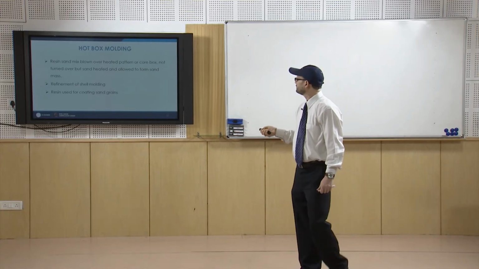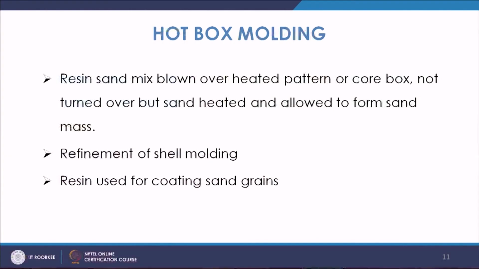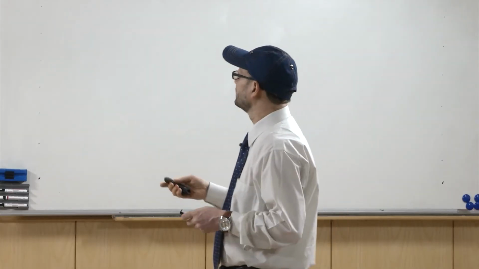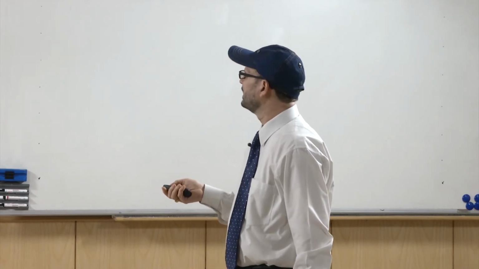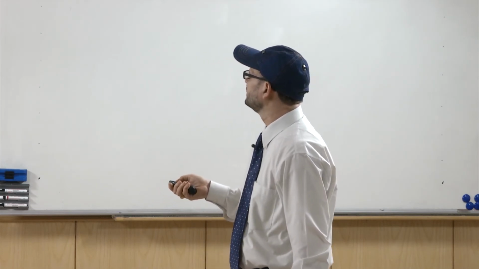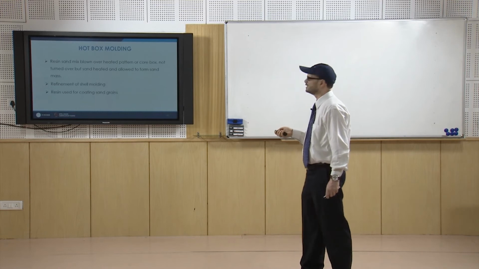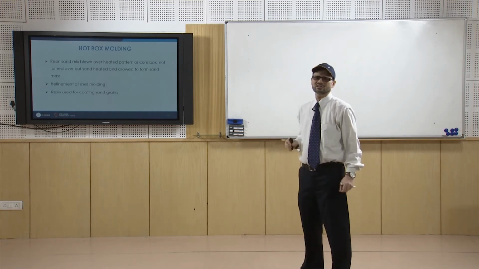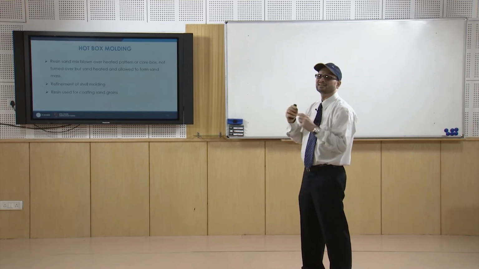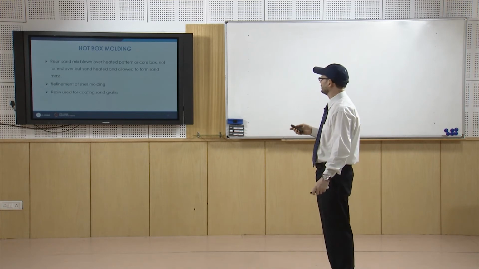Here you do a similar process as shell molding, but you are not inverting, you are blowing this resin sand mix and then heating the sand mass in the box, so that it forms a certain thickness of shell.